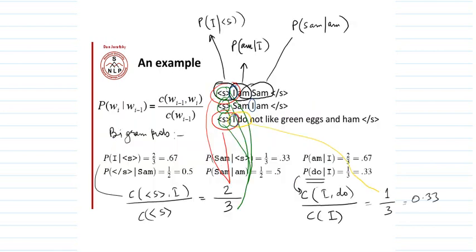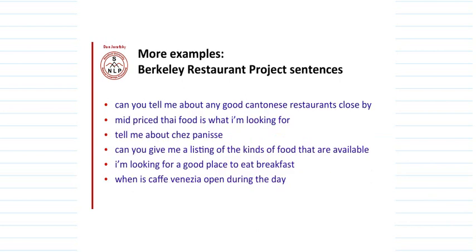Similarly, we can calculate the trigram probabilities. These are some examples taken from the Berkeley restaurant project sentences.